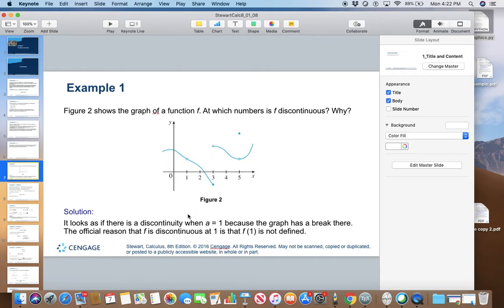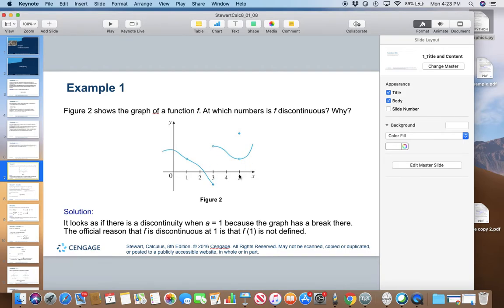All right. Now let's look at this. There is a discontinuity at a equals 1 because the graph has a break there. What is the official reason? f(1) is not defined. You want the value to be defined. What about at 3? At 3 the value is defined, but the limits disagree. The left-hand limit is not equal to the right-hand limit, so the limit does not exist.